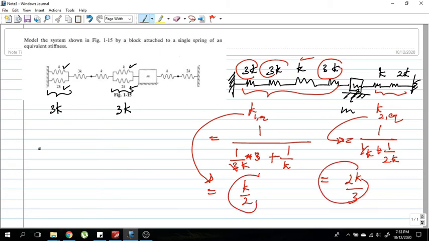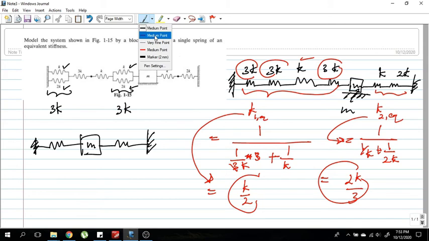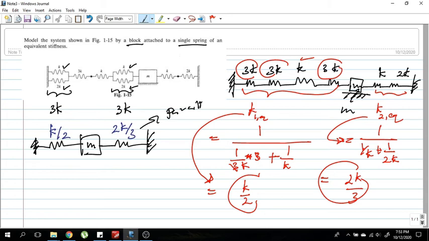Now let me draw our system again. Now it is like this: k over 2 and 2k over 3. We can further simplify this one. They are asking us to model the system by a block attached to a single spring. As I mentioned in the theory part, this is also a parallel configuration.